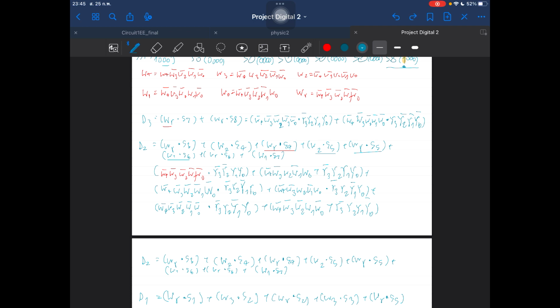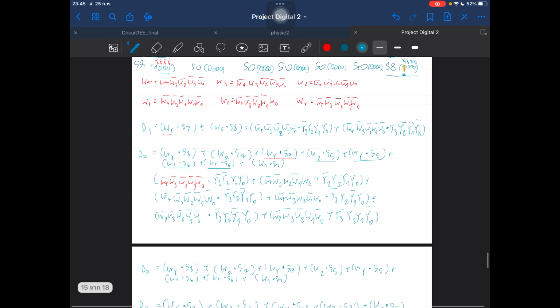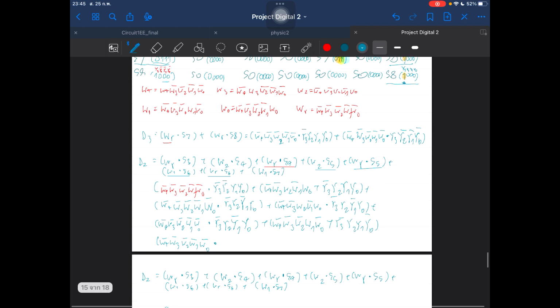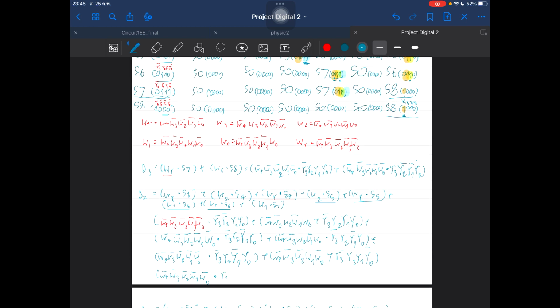Sorry, not last. Look at this first. This first is WR, W4 that, W3 that, W2 that, W1 that, W0 that, and state 6. State 6 name is Y3 that, Y2, Y1, and Y0 that.